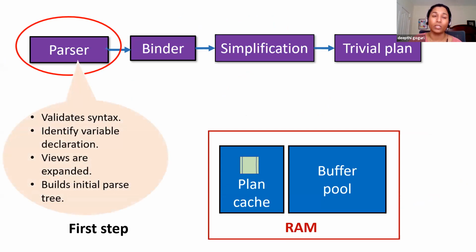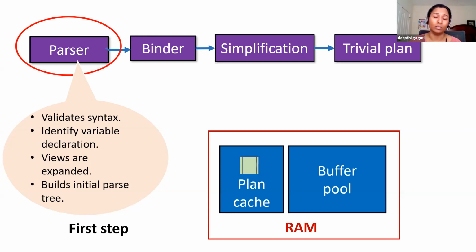So the parser will identify and validate the syntax of the query. Like, let's say an example, I wanted to do a select star from a table, but by mistake, I have given select star from. In that particular scenario, the parser should first identify it as a syntactical error.